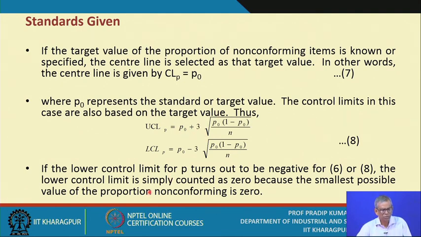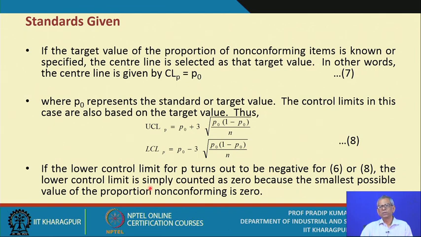So if the lower control limit for p turns out to be negative, many a time there is a high probability that the lower control limit may be negative. Negative as such doesn't carry any meaning. So what you need to do is simply count the lower control limit as 0. So make it 0.